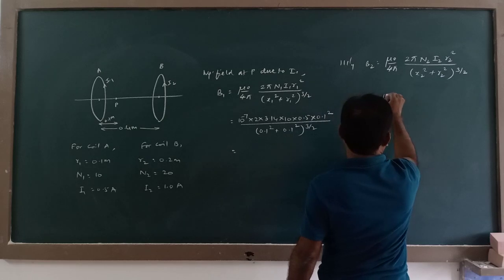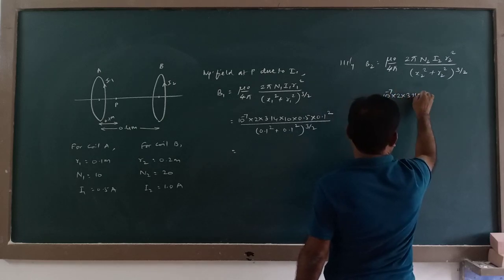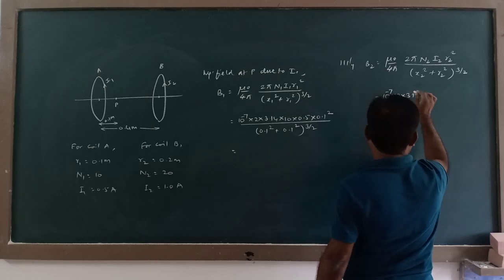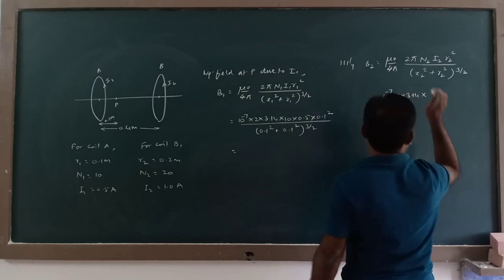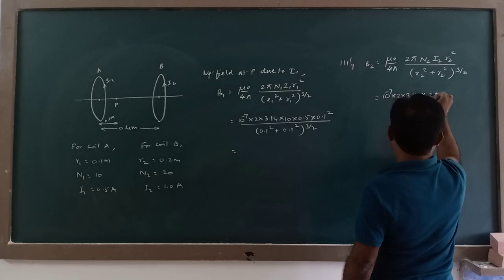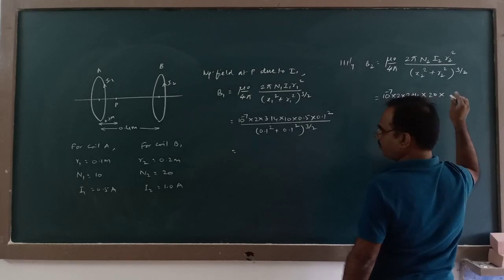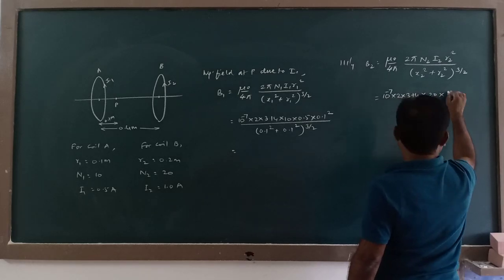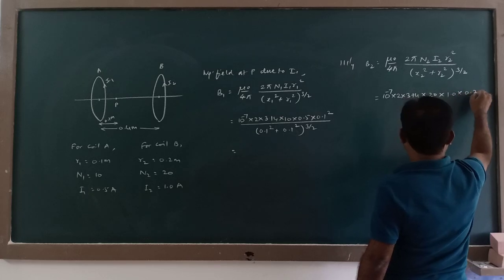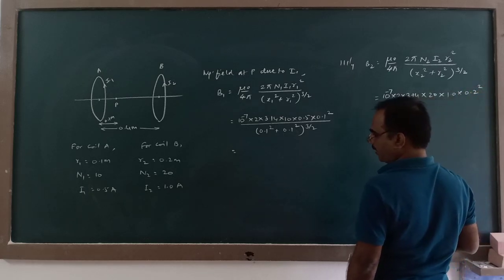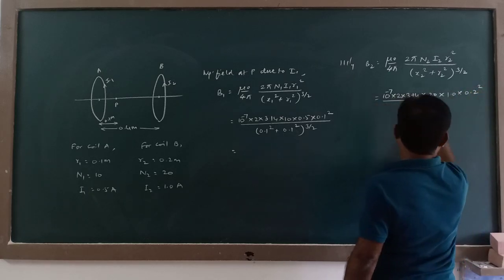And on substitution, here you get N2 is 20, I2 is 1.0, R2 is 0.2 square, and what about this x2?